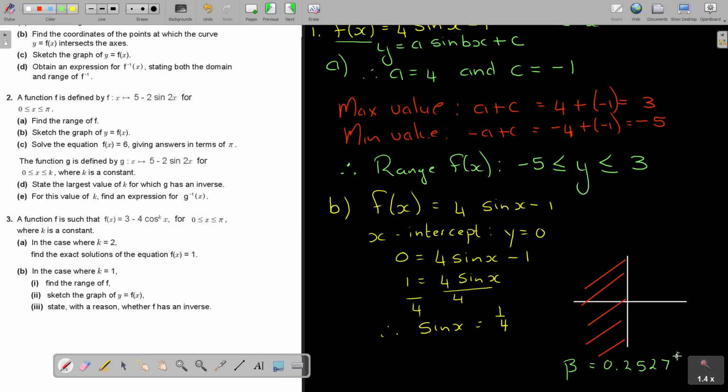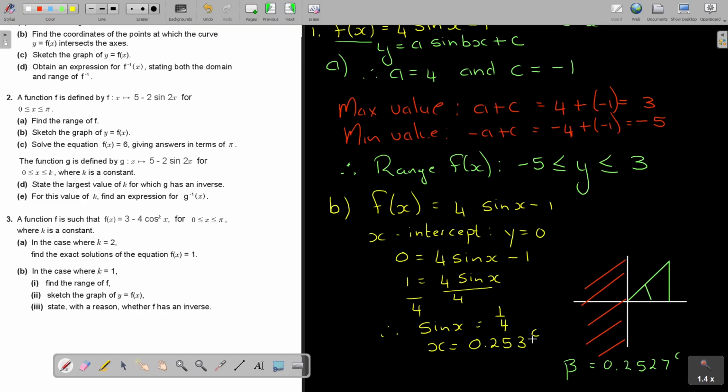So where is sin positive? Sin is positive here, and there is the angle. So therefore x is just going to be 0.253 radians.